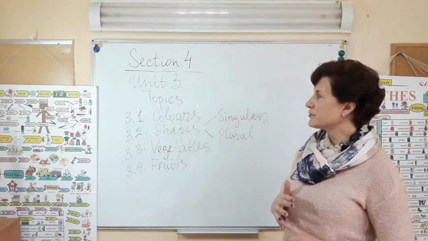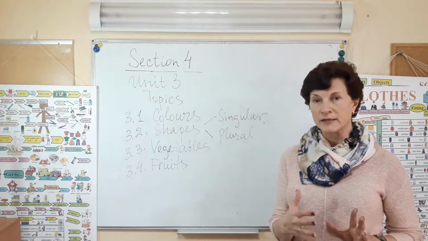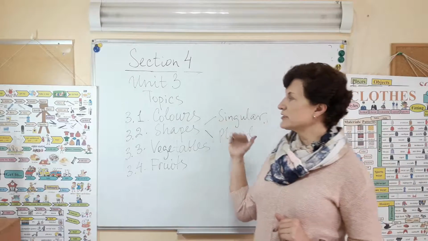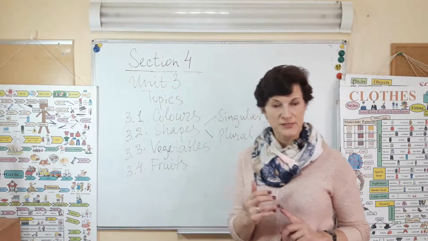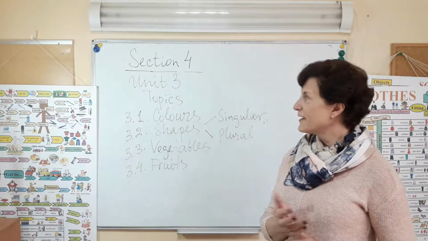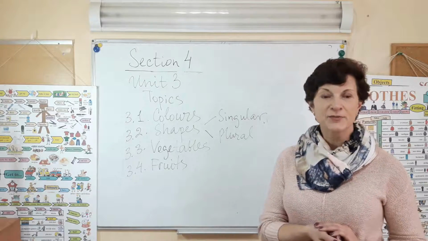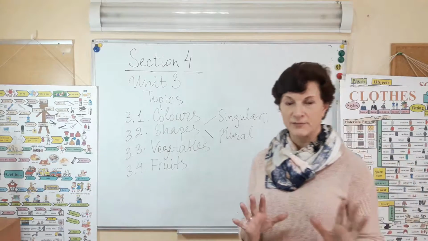The basic vocabulary of vegetables and fruits goes extremely well with numbers, colors, and shapes. So, next, point 3.3 of this unit presents vegetables as the basic vocabulary.